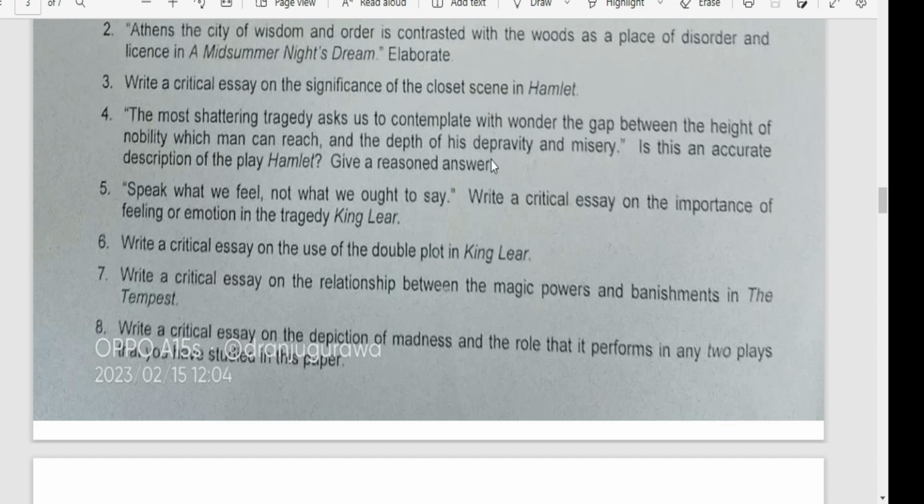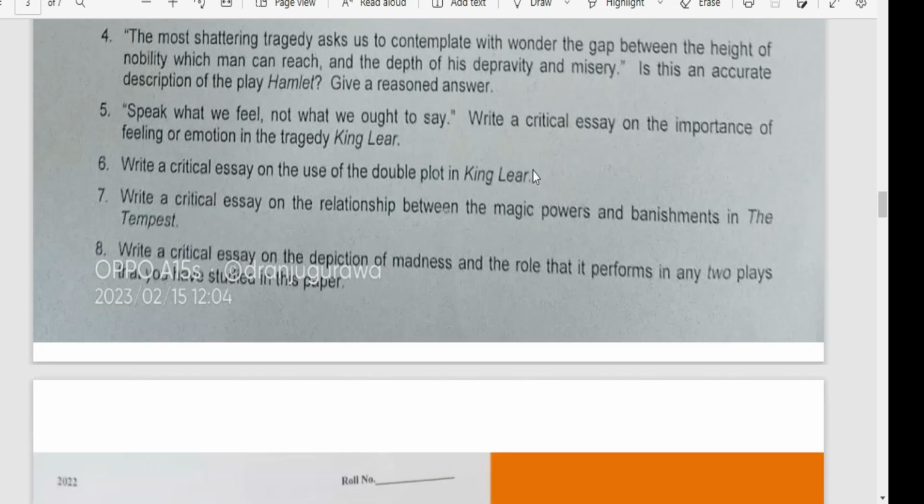The most shattering tragedy asks us to contemplate with wonder the gap between the height of nobility which man can reach and the depth of his depravity and misery. Is this an accurate description of the play Hamlet? Give a reasoned answer. Speak what we feel, not what we ought to say.